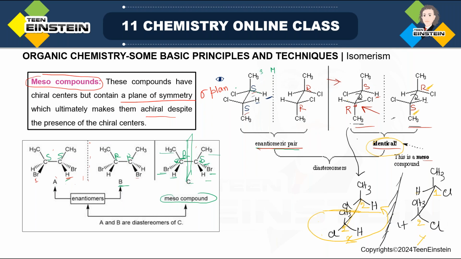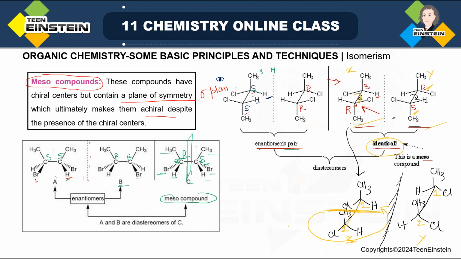If you look at X and Y, basically this is also X, this is also Y. It is true X and Y are the same, but I am giving separate names because two different pictures are there. So at first glance it seems for X and Y there is no sigma plane, but if you rotate this carbon-carbon bond, if you rotate the molecule, then you can easily find the sigma plane. So this sigma plane is through this line. Fine.